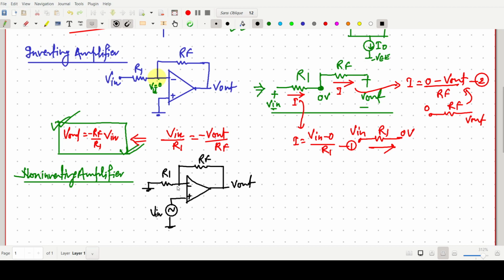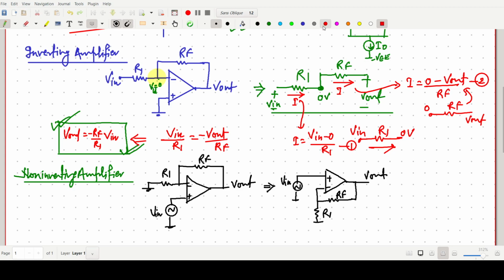So now how to solve this one? Again I am redrawing the circuit. We are giving input here, say V in, and this should be our V output. This one is RF, and this one should be R1.